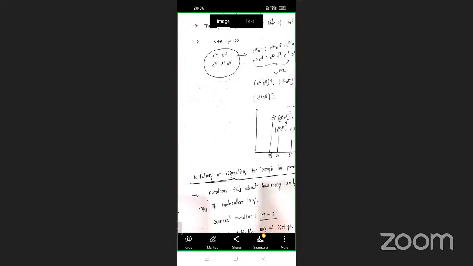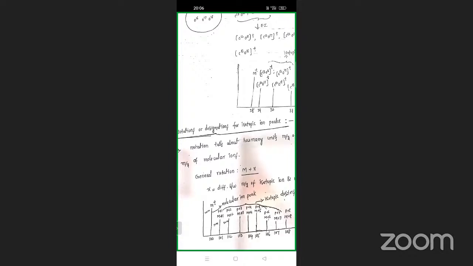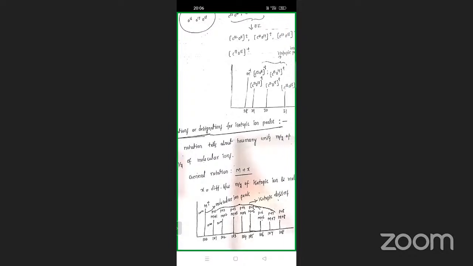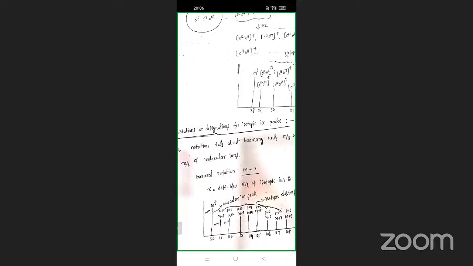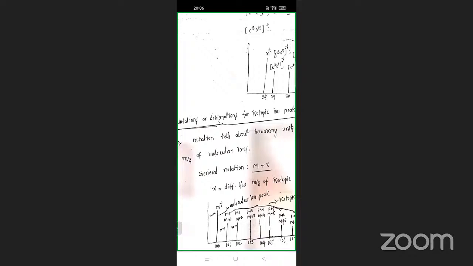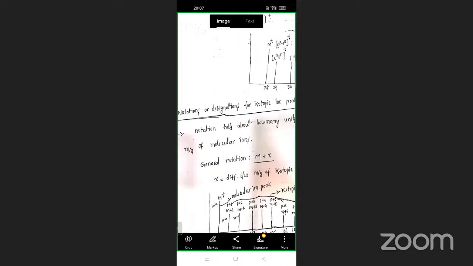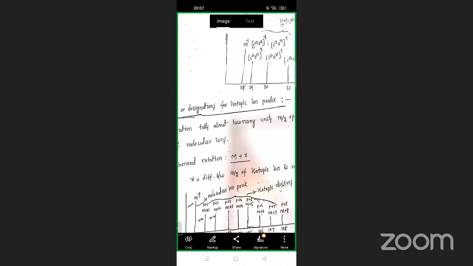So yeah, the notations or designations for the isotopic peaks. So you can see here the general notation M plus X, right? So M is the molecular weight of your molecular ion, and plus 2 is the higher mass, meaning the m/z of the isotopic ion and molecular ion.